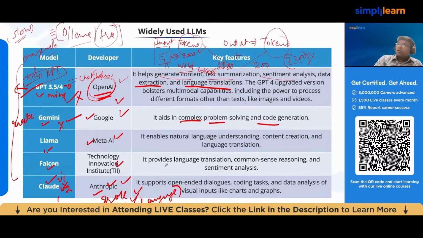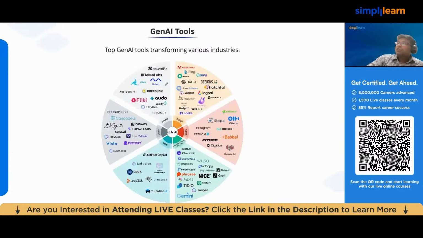Now let us see how these top GenAI tools are transforming various industries. This is your GenAI in terms of code. We have the Copilot. This is an excellent tool. Majorly, companies are using Copilot, integrated with your IDEs.